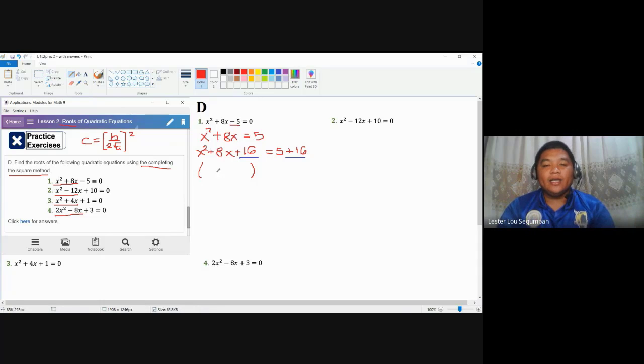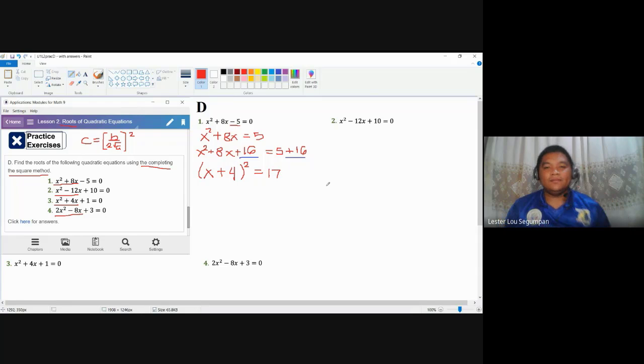To make it a square of a binomial, simply take the square root of the first term, take the square root of the last term, and use the sign of the middle term. Of course, when you take the square root of a number, it involves positive and negative, so it should be positive and negative 4, but we are going to use the sign of the second term here. This is the square of x plus 4, equal to 21.